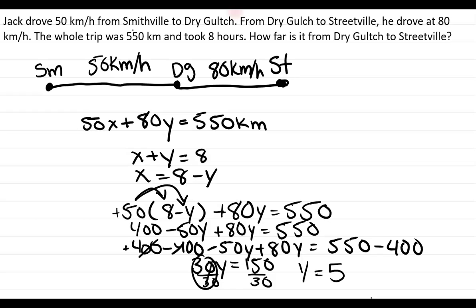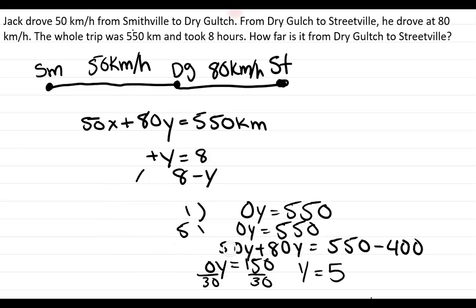So now we got the amount of hours that were traveled at 80 kilometers per hour. But we still need to figure out how many hours Jack spent driving 50 kilometers per hour.